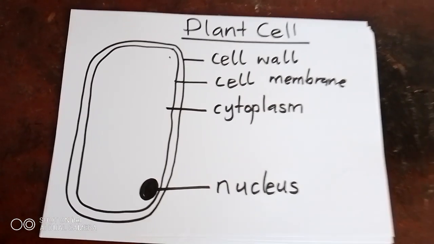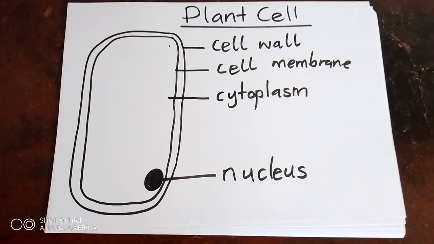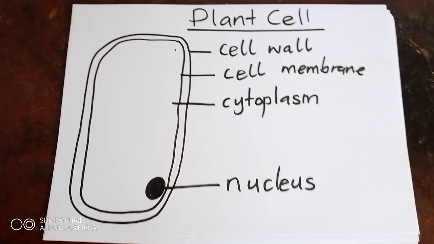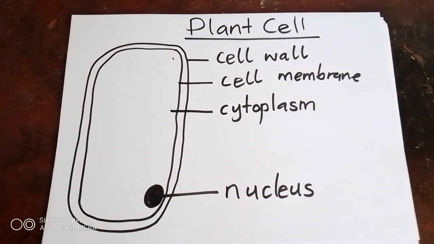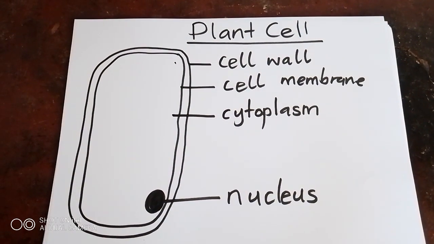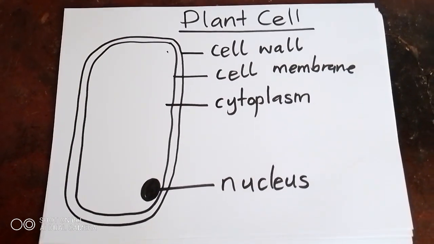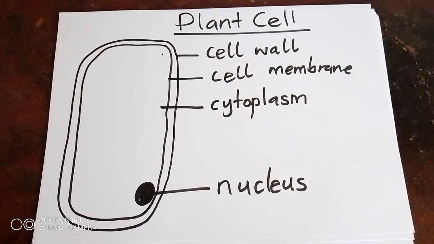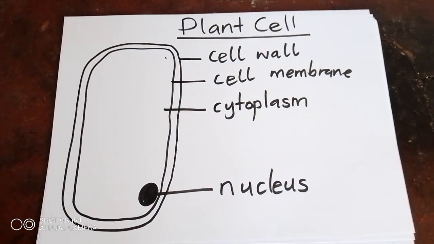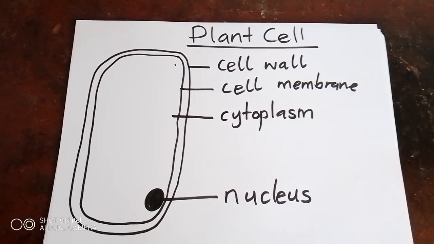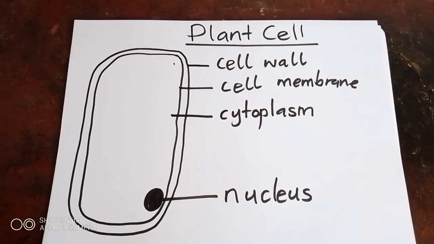In plant cells, the nucleus is a large and round organelle that controls the activities of the cell, such as growth, making proteins, and cell division. It also contains information that controls the chemical reactions of the cell.